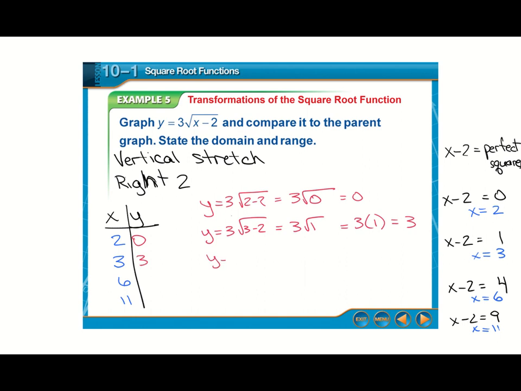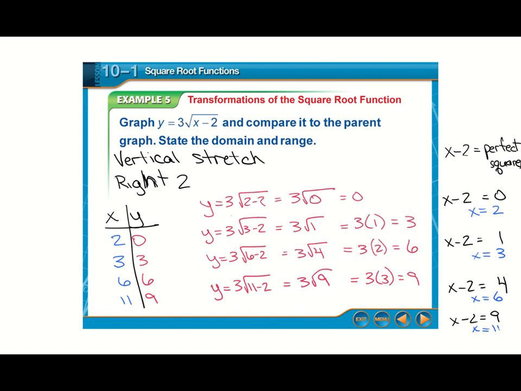The next one, if I plug in a 6, I would get 4. The square root of 4 is 2, so I get 6. 11 minus 2 is 9, and the square root of 9 is 3. So that's 9.